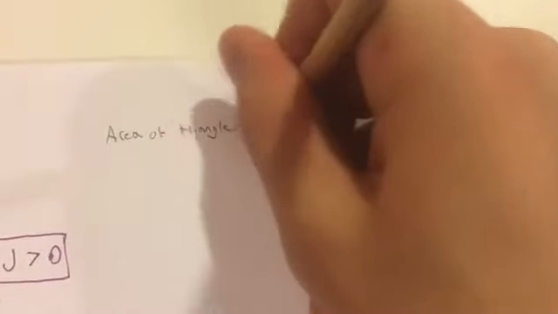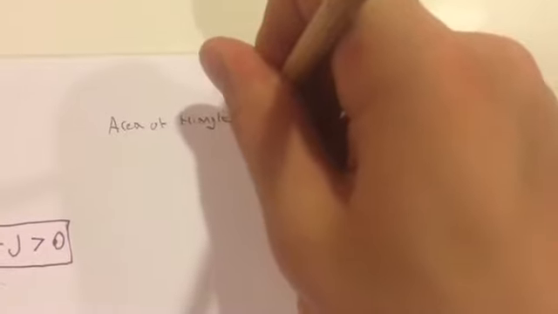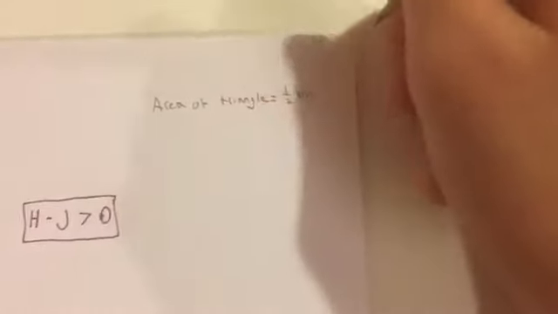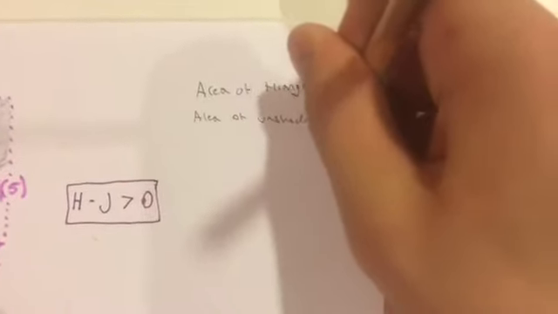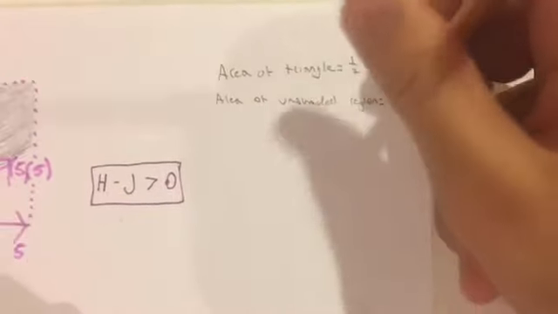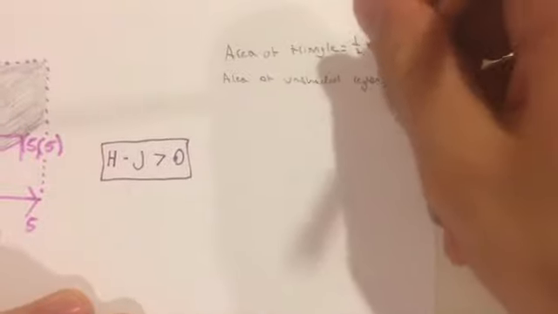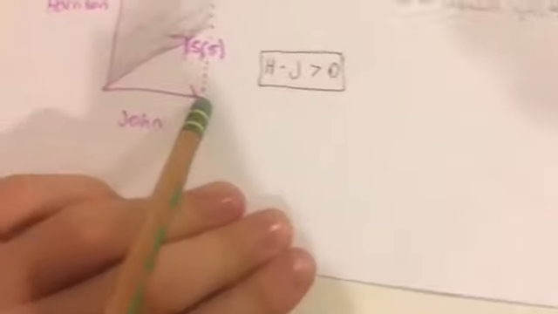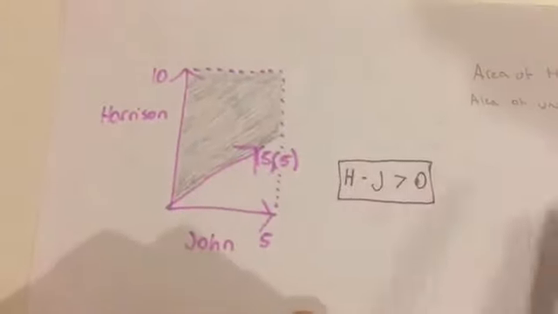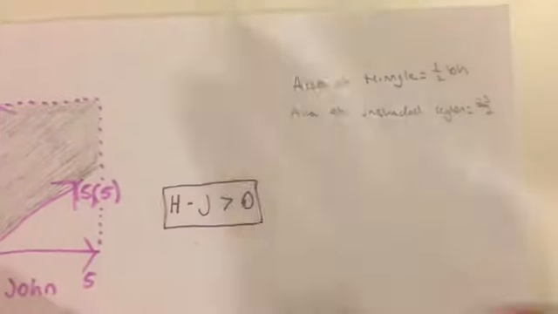The area equals 1/2 base times height. So the area of the unshaded region equals 25 over 2, because the base is 5 and the height is 5, and 1/2, so you have to divide it by 2.